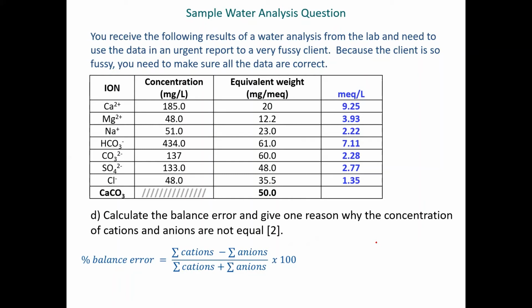So the cations plus the anions. And then times 100 to get a percentage. Okay? So in this case here, you go back to my graphs, you can see those were the numbers that came up. The cations are 15.4 and the anions are 13.5. So I subtract them and then I add them together, multiply by 100, I get 6 point something. So 6.57%.